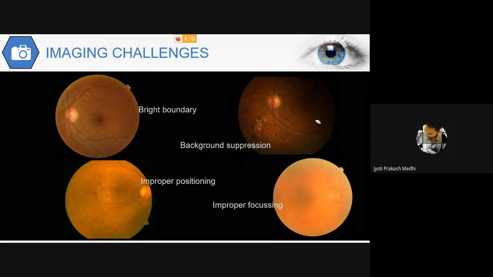So as you can see here, this region information is almost not available, because it is already suppressed by the background. Then improper positioning.